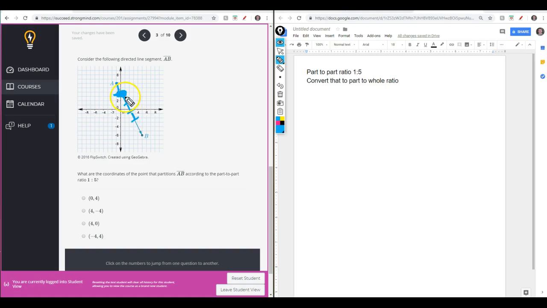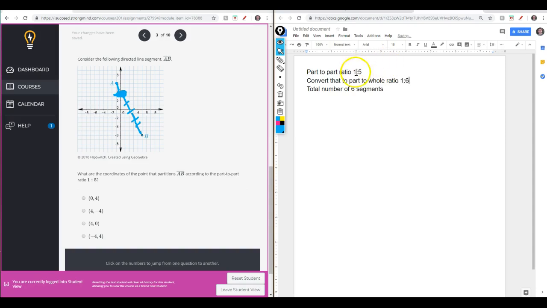So how many total segments do they have? 1, 2, 3. So this would have 1, 2, 3, 4, 5 segments after and 1 segment before. So the total number of segments would be 6, and so the part-to-whole ratio would be 1 to 6.